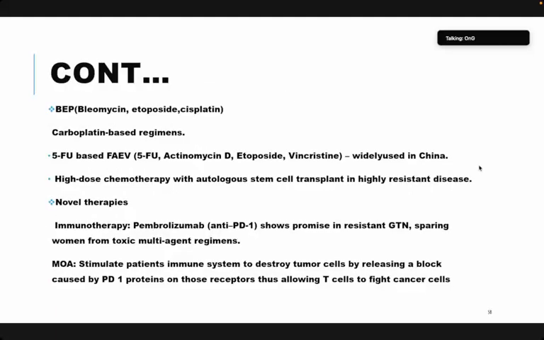There are new studies on immunotherapy, which is your anti-PD-1, which shows promise in terms of treating resistant GTN. These also spare women from toxic multi-agent regimens. How these work is that they stimulate the patient's own immune system to destroy tumor cells by releasing a block caused by PD-1 proteins on those receptors, thus allowing the T cells to fight off cancer cells.